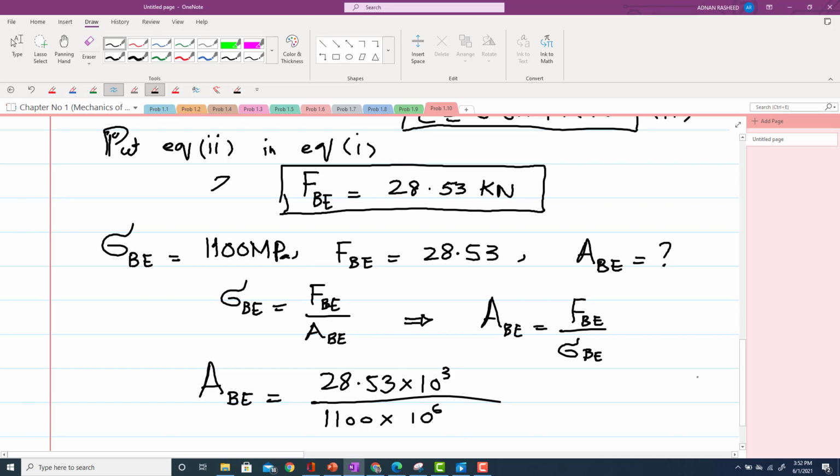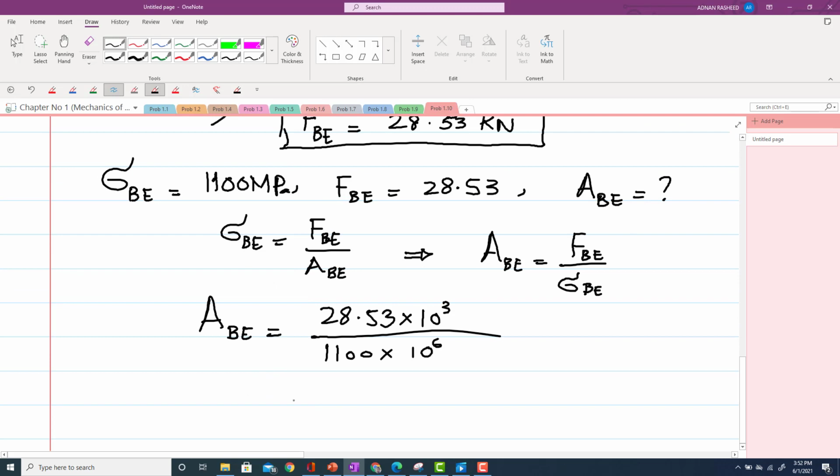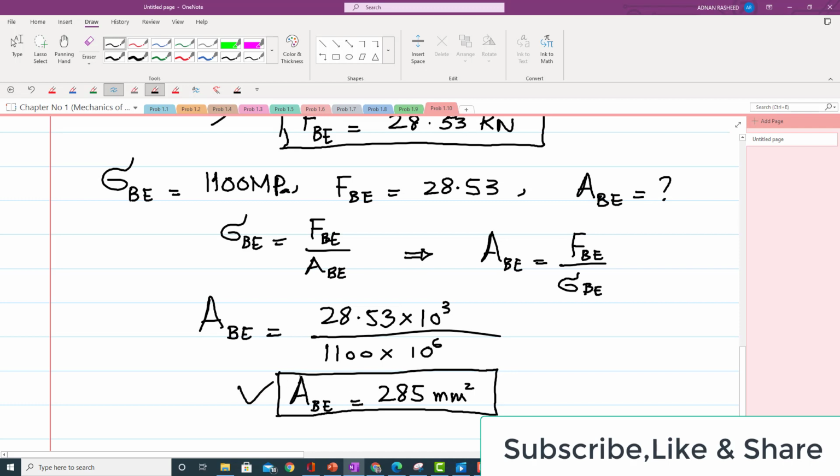So if you calculate it, it will give you area of BE equal to 285 mm square. So this is the result: the cross-sectional area of rod BE is 285 mm square, and it withstands the normal stress of 1100 megapascal.